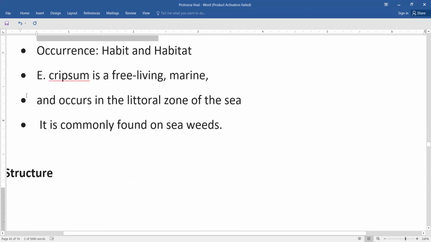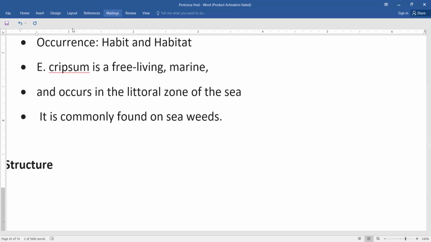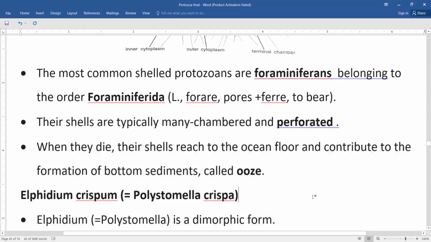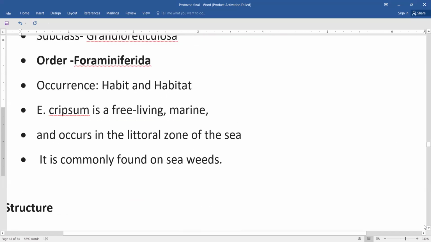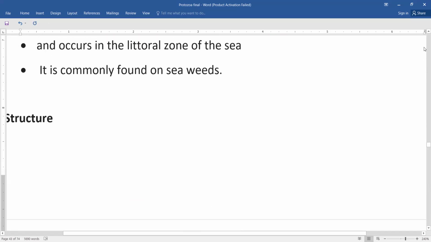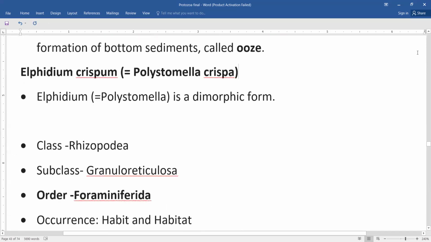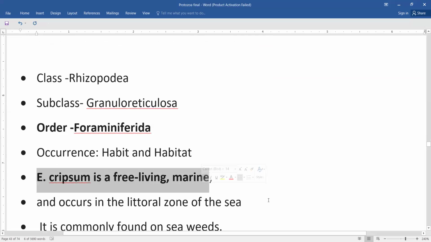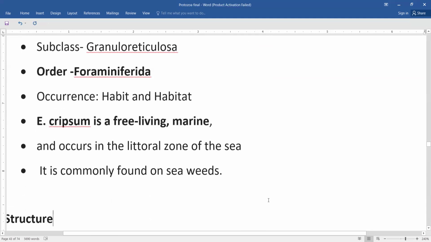Then where is it present? It is completely a marine organism. It is not a parasite. It is free living, not a parasite, and it is a marine organism.